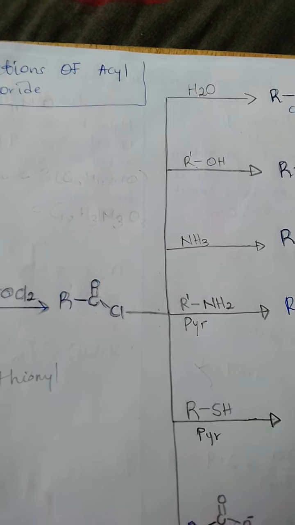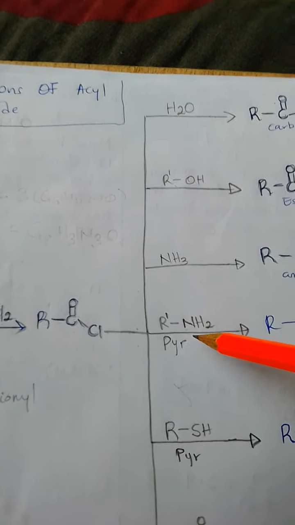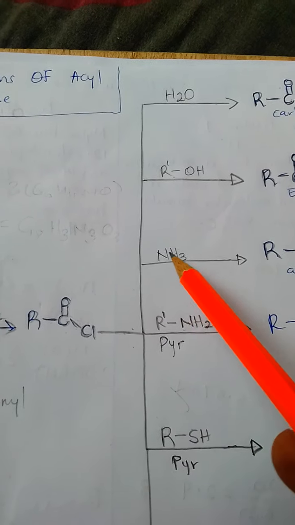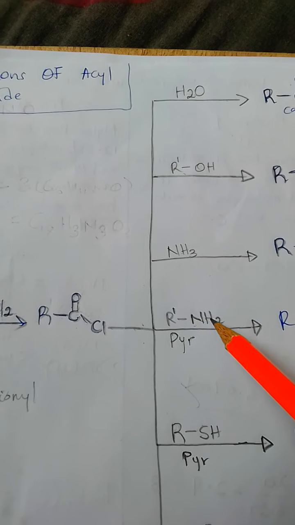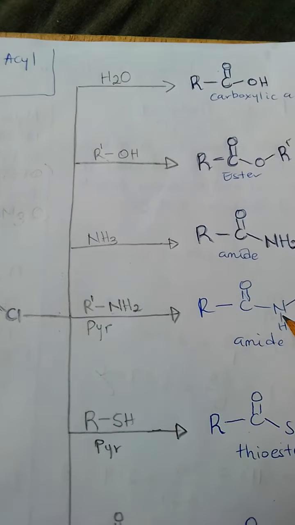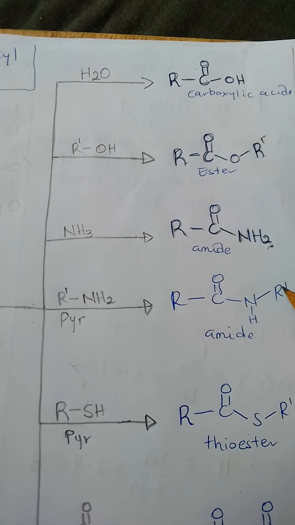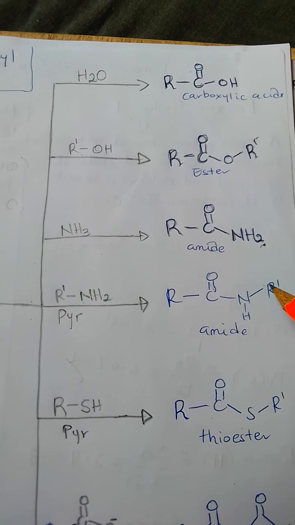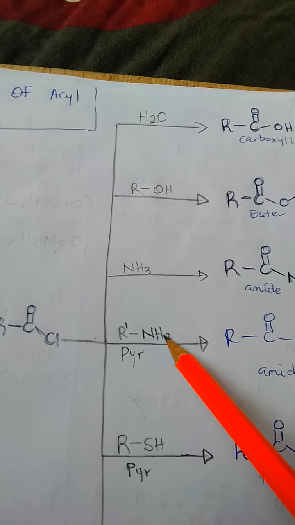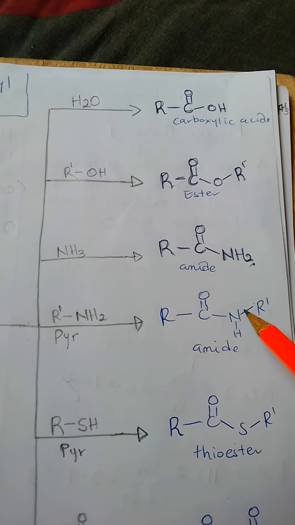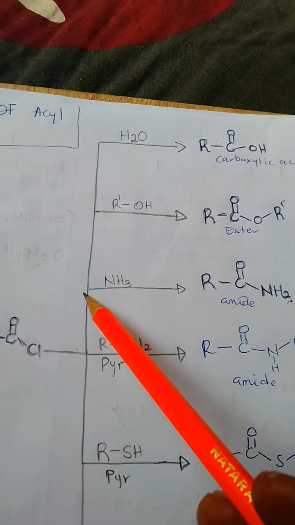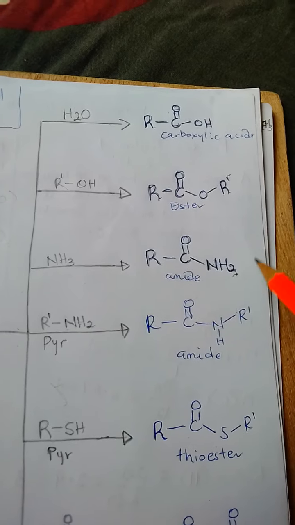The next reaction is the reaction between acyl chlorides and an amine. This reaction is just synonymous to the ammonia. So here too, there is an abstraction of one proton from here by this chlorine to produce an amide. But the reaction between an amine and acyl chlorides produces an acyl substituted amide, unlike that of ammonia, where the nitrogen gets substituted with hydrogens.